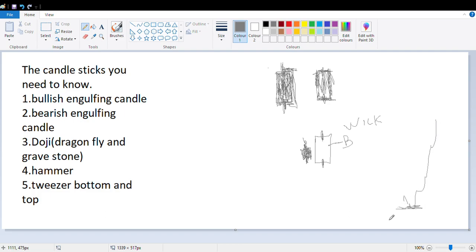Then also the bearish candle. Number two in our analysis is the bearish engulfing candle, the opposite way. The bearish engulfing candle looks the same: this is the bigger bearish candle, which has engulfed this small bullish one. This is called a bearish engulfing candle.